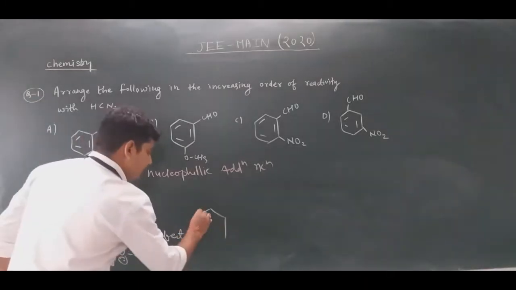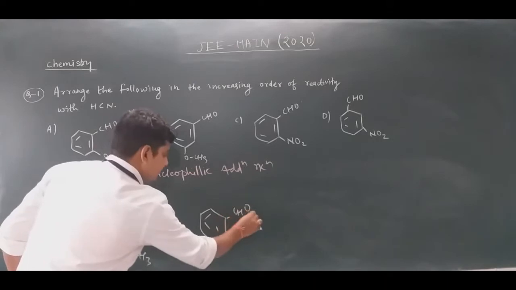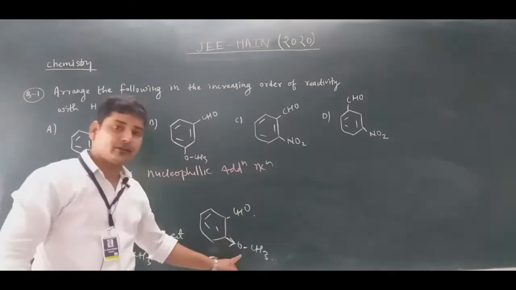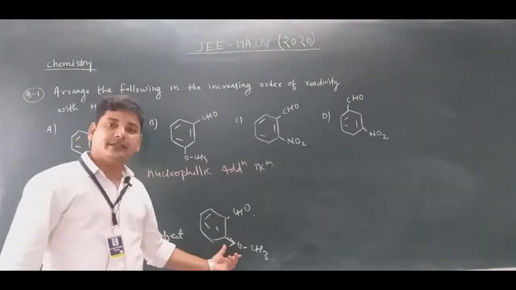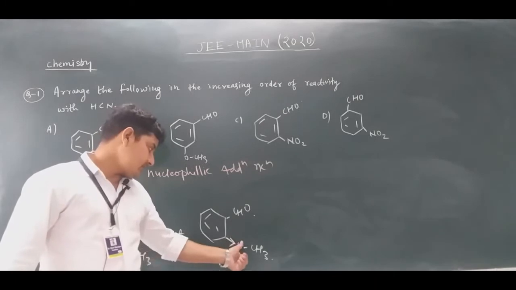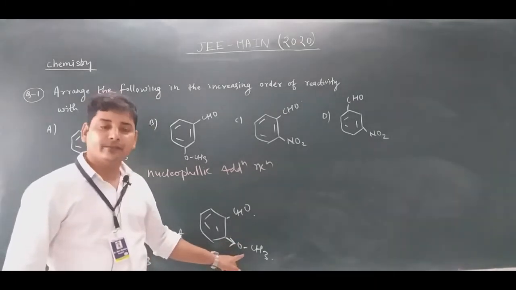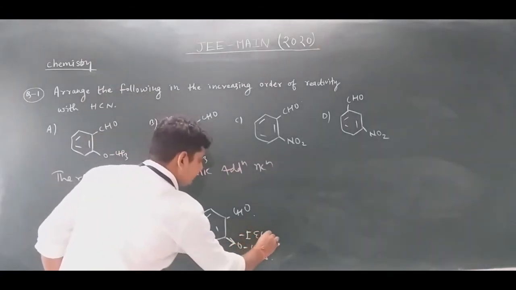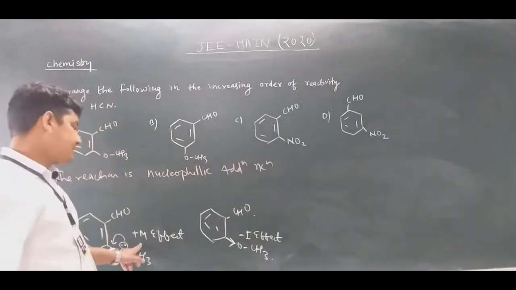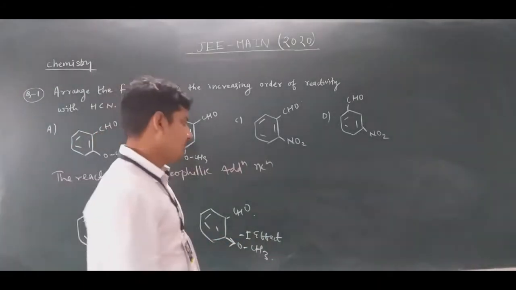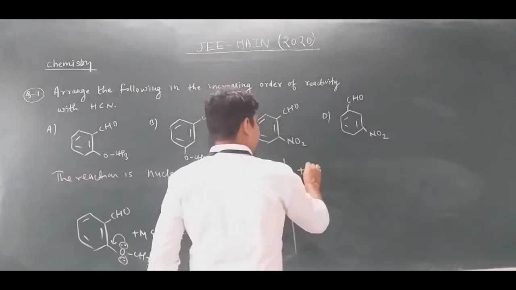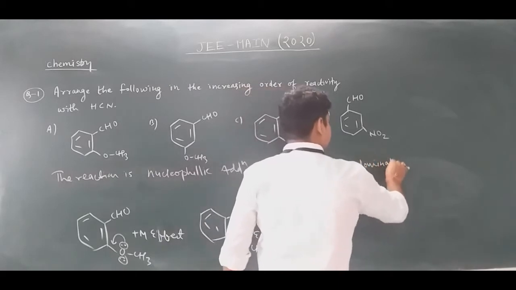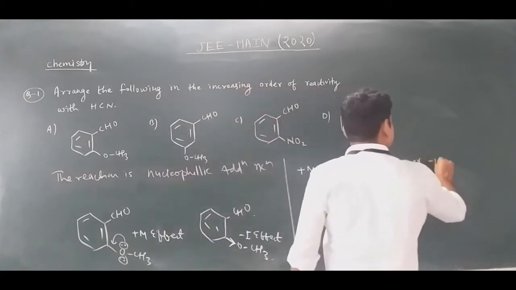At the same time, OCH3 can have minus I effect, because this is carbon and this is oxygen, and there is a difference of electronegativity, so this oxygen can attract the bonded electrons towards itself, resulting in minus I effect. So in OCH3 we have plus M effect and minus I effect, but plus M effect dominates over minus I effect.